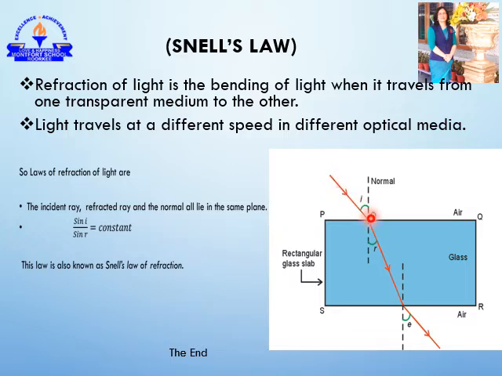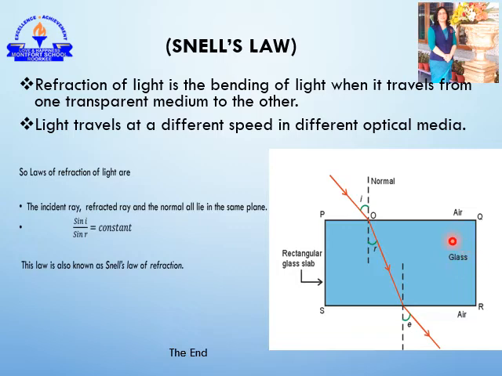The ray will bend. In this case, the ray is bending towards the normal as the speed of light in glass is less than the speed of light in air. Therefore, the light is bending towards the normal.